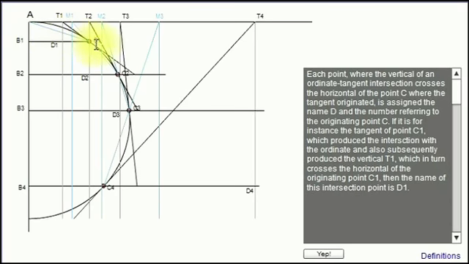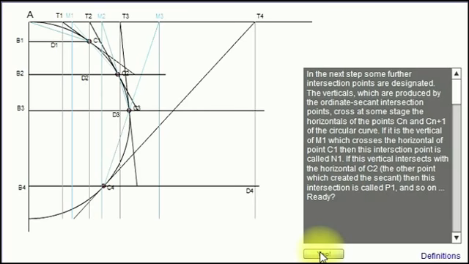If you have a tangent originating from point C1 producing the intersection point T1 on the conjugate axis, the vertical of this point will somewhere intersect with the ordinate of the C1 point, and this intersection point we're going to name D1. This principle is applied to all the other points as well, such that you produce a point D2 for the C2 point, a D3 point for the C3 point, and a D4 point for the C4 point.